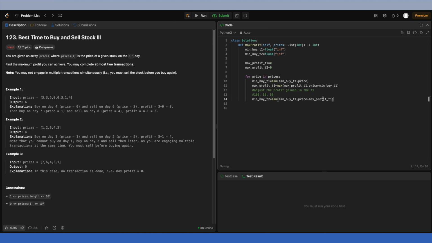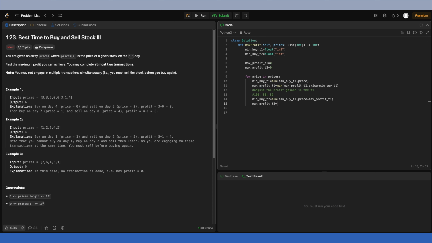So we had maximum profit T1 of 50 and the current price is 100. Then to buy the stock I need to pay 50 extra, and that would be compared with whatever I have stored currently, and that will be the minimum buy price for transaction 2. Now I need to make profit for transaction 2 as well.